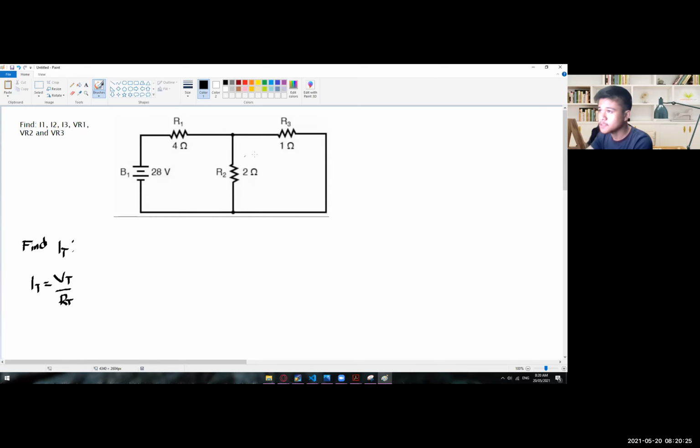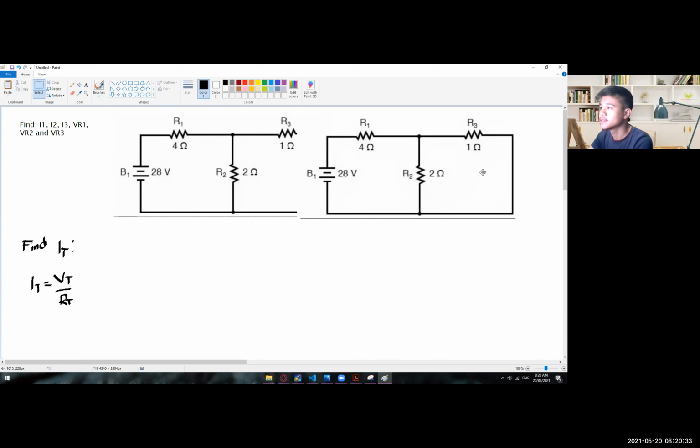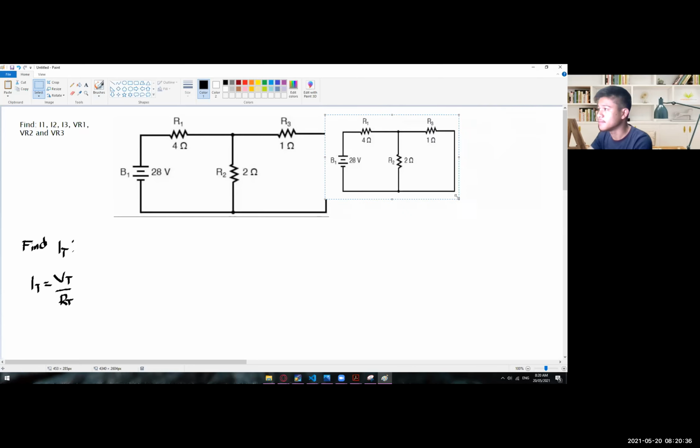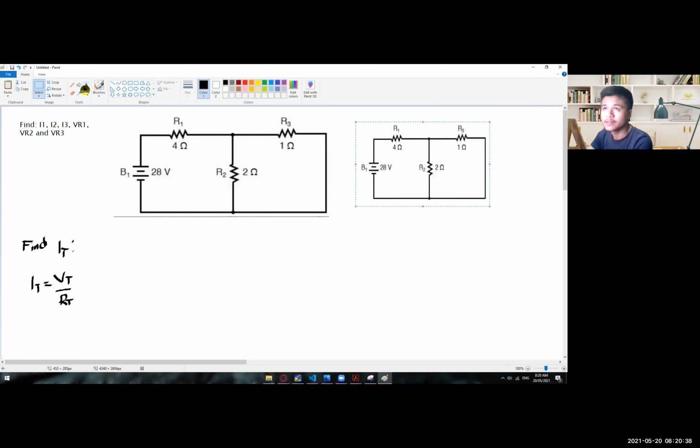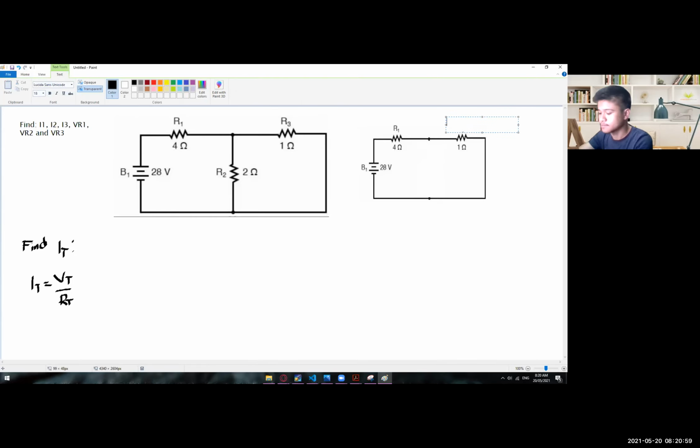If I simplify this one, let me get another copy, and make this one smaller. What I will do is combine R2 and R3 with each other, the computation of parallel. I will delete this one, and this now becomes R2 parallel to R3.